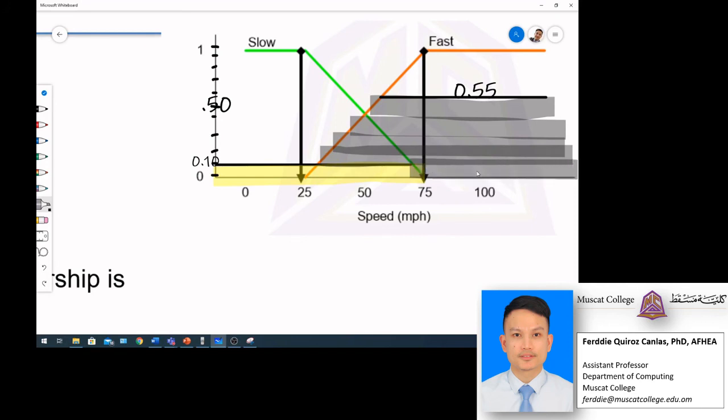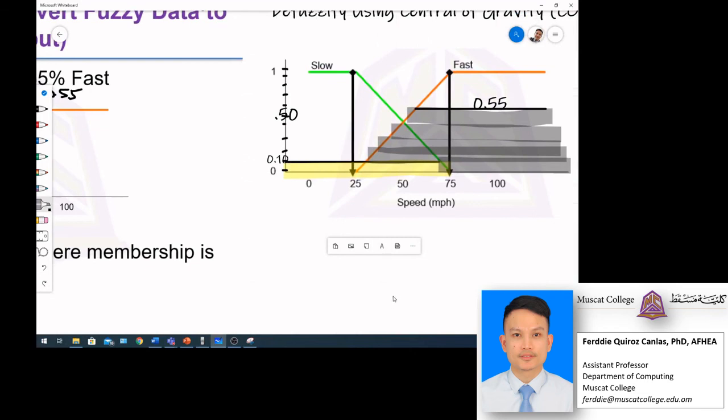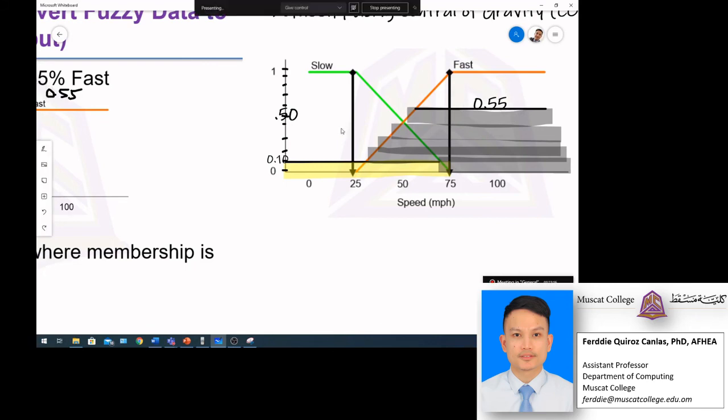Okay, so let's now calculate. In the center of gravity, you have to include the weights. So look at this side. Calculate all the values from 0 to 75 for slow.